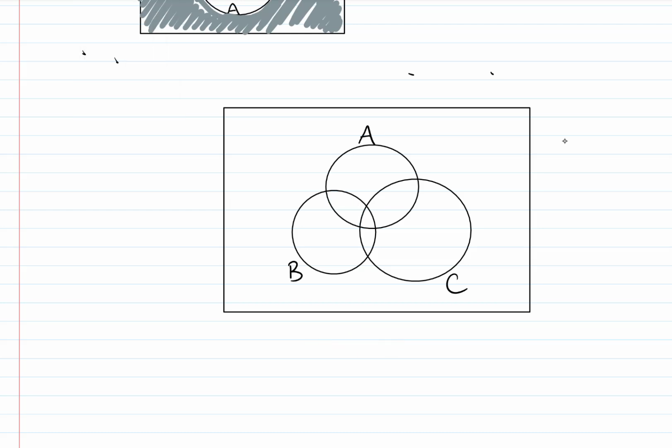What if you wanted to do the complement of A union B? So that's everything that's not in A union B. Well, if you want to, we can shade in another color A union B. That would be A union B right there, correct?